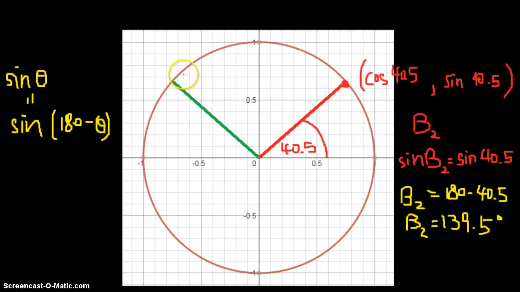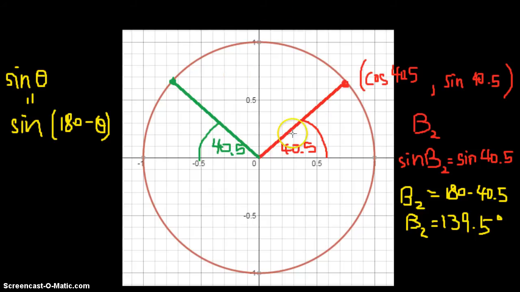And that is just a reflection of this point right here. This is just a reflection across the y-axis, right? And this angle here would also be 40.5, right? And that makes sense because if you look at the y coordinates of these two points, since this is just a reflection, the y coordinates would match, right?